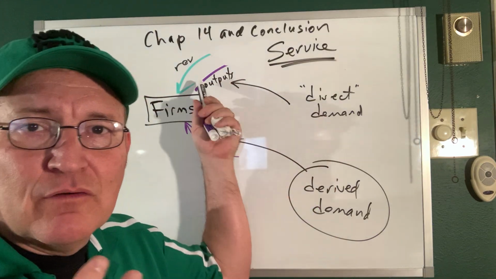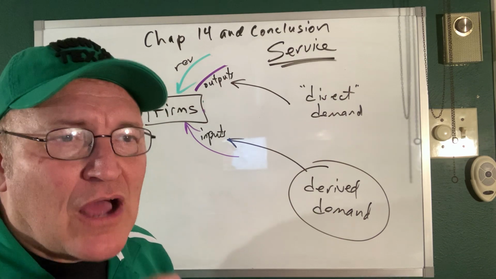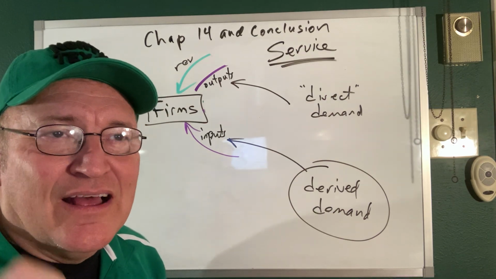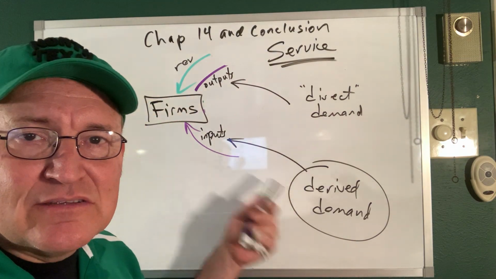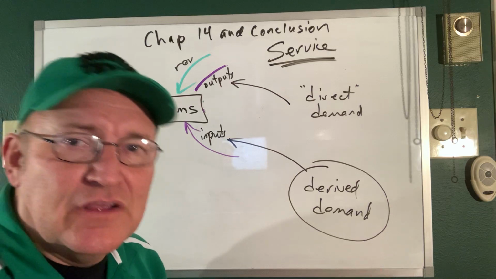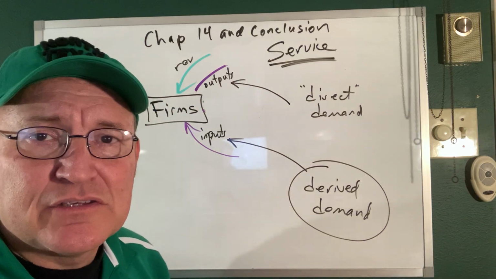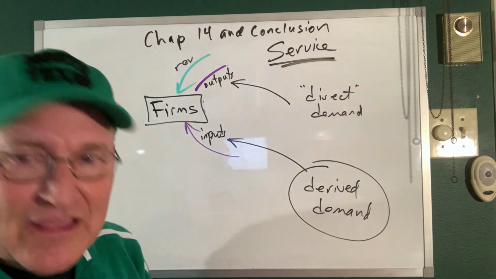Because that's just a regular output, retail level, I need a crown put in. But if I'm talking about the demand for a dentist, that's derived demand, because a dentist would be an example of labor that's used in the dental services. So derived demand is demand for an input.